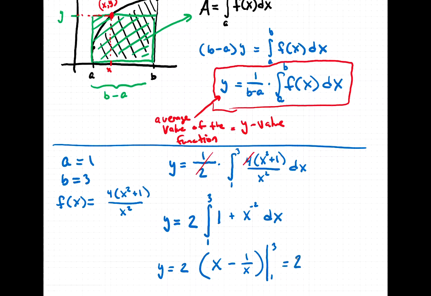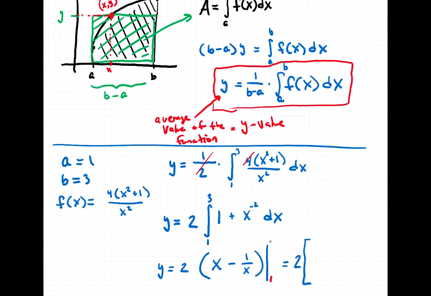Okay, so that's a 2 on the outside. And I'm just going to write it all out. Maybe I'm writing a little more than you may normally do, but if we plug in 3, we'll have 3 minus 1/3. Let me actually change colors just a little bit here so it's maybe easier to follow.